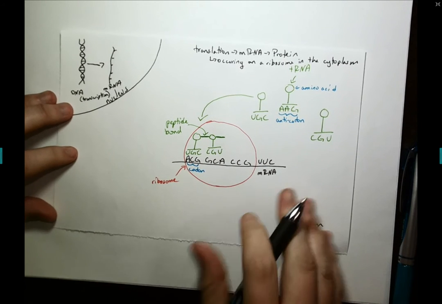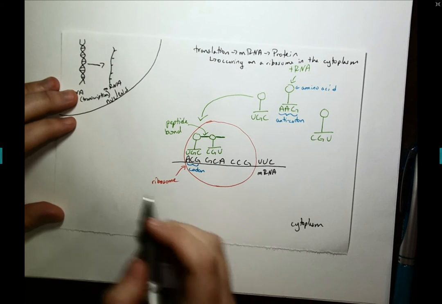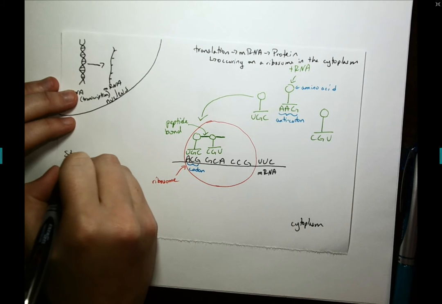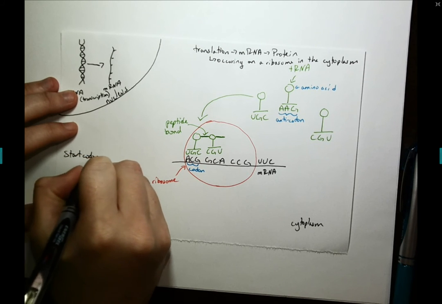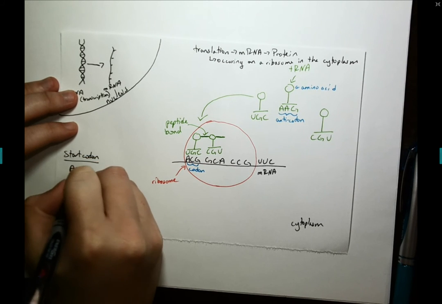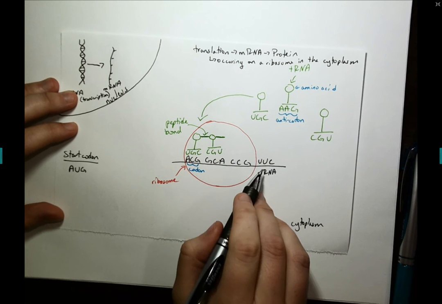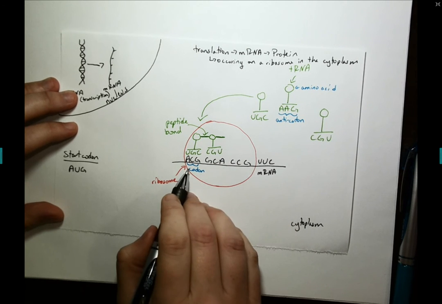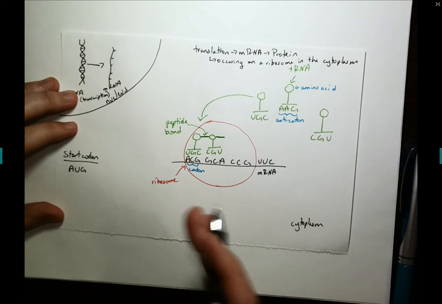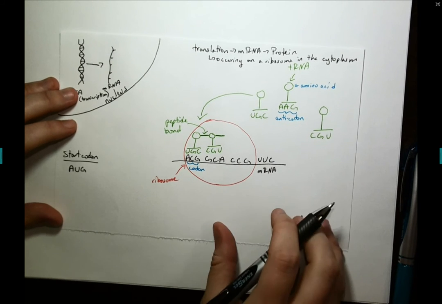We know that in order for translation to start, right, we have to have our start codon, AUG. I didn't really worry about that here in our example, but we know that the first codon that the ribosome would need to read would be AUG in order to start the process of protein synthesis.